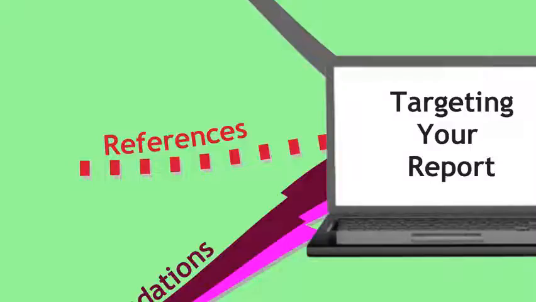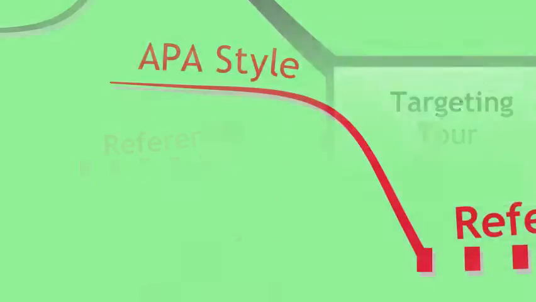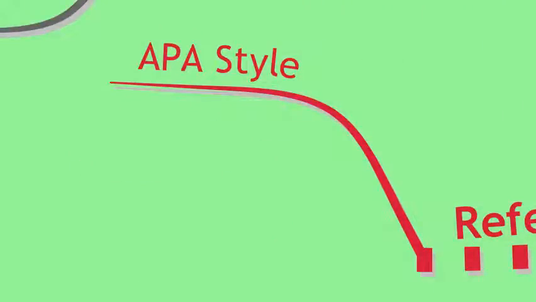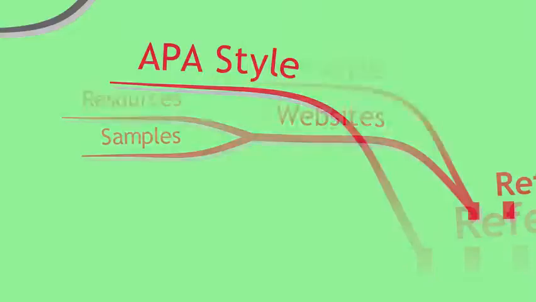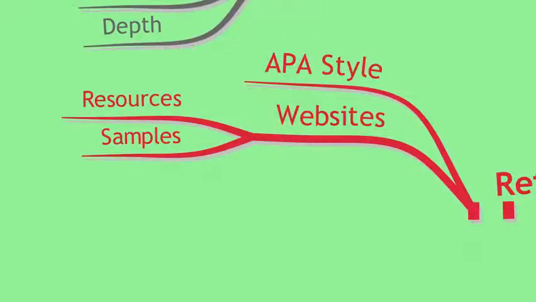Well, that's the end of the prose, but you've also got references. You need to cite the things that you look at. You need to do this in APA style, which is a fairly straightforward and widespread style. You're going to look at two kinds of resources or websites.